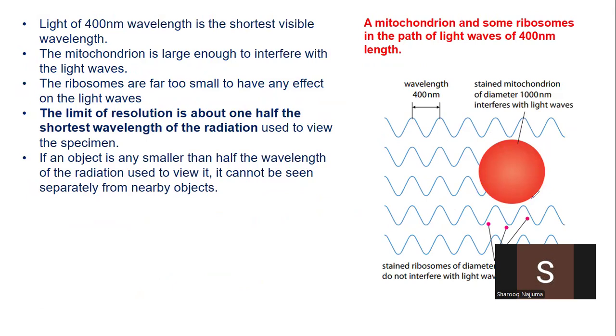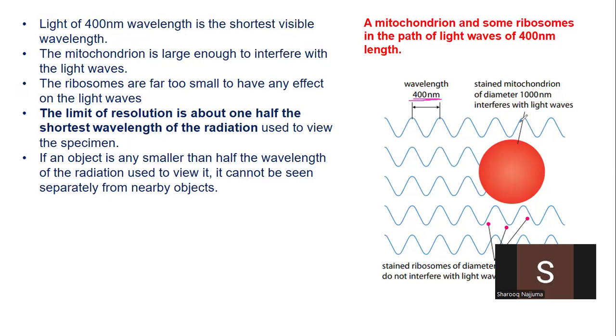If you look at the light waves, we are going to use the shortest wavelength, which is violet light. Violet light has a wavelength of 400 nanometers. As that light moves, for an image to be made, the structure inside a cell or inside a specimen that is being viewed has to interfere with the light waves.